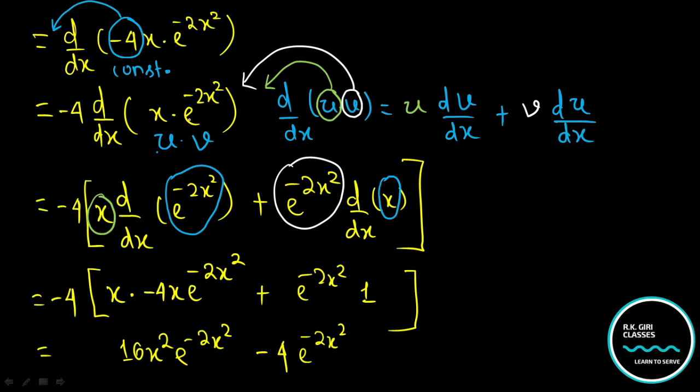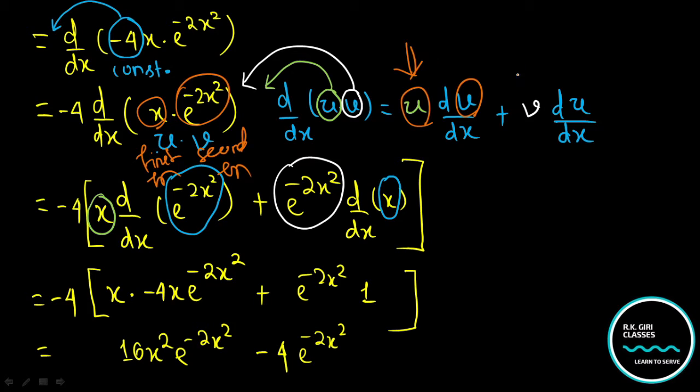You have two functions, that is u and v, and already you know that if this is your first function and this is your second function, what you do is the derivative of the second function keeping the first function outside, and the derivative of the first function keeping the second function outside.